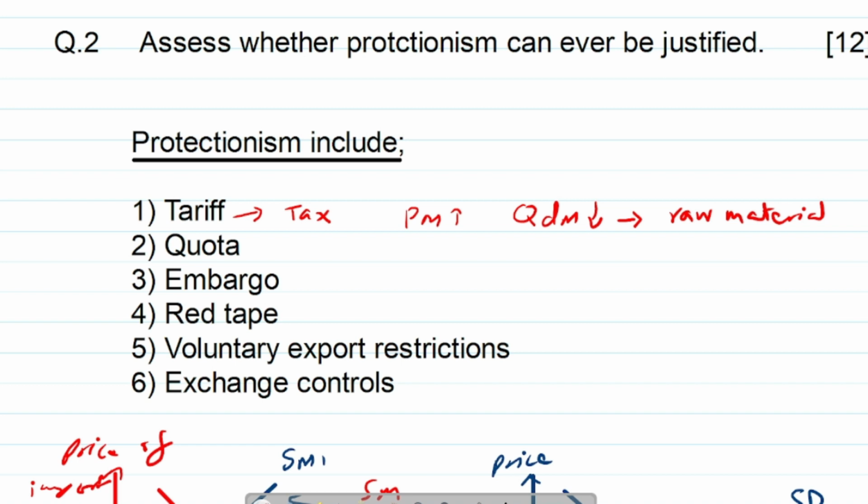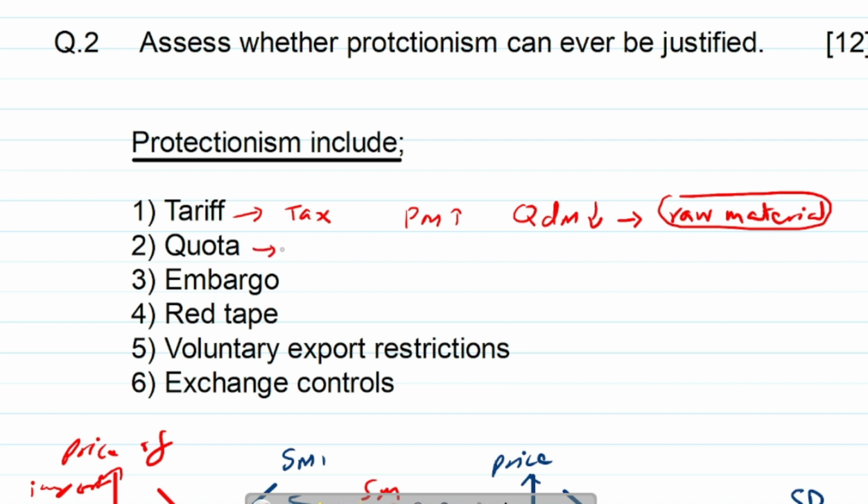And similarly, if taxes are imposed on imported machinery, technology and tools, then again local industry will suffer. So tariff is not always beneficial, rather it has some drawbacks or problems as well.